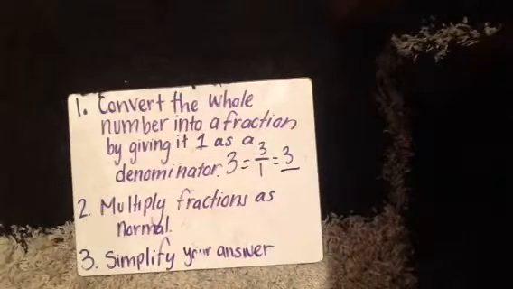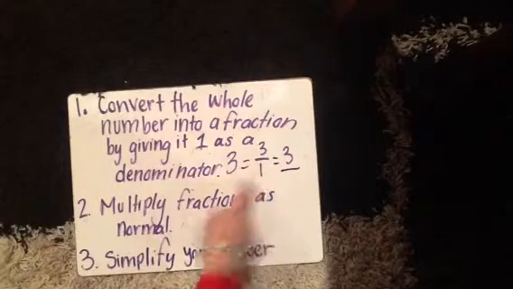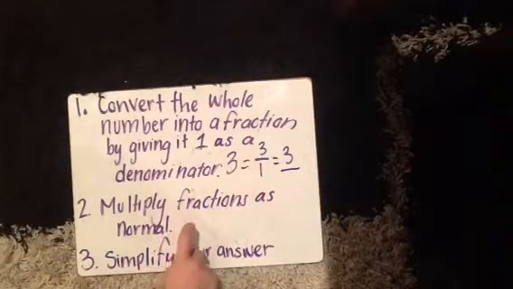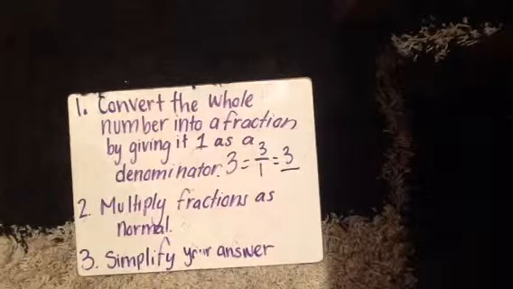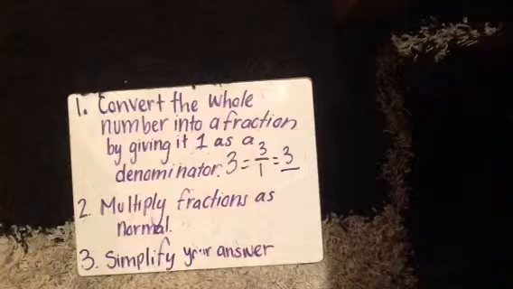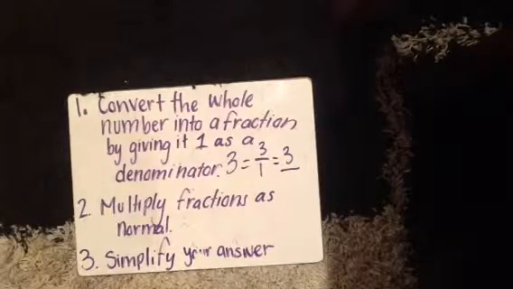Once we have given it 1 as a denominator, we then multiply the fractions as normal, and once we have done that, we simplify our answer, either by simply simplifying it, or we may have to convert it into a mixed number, because more often than not the answers are improper fractions.